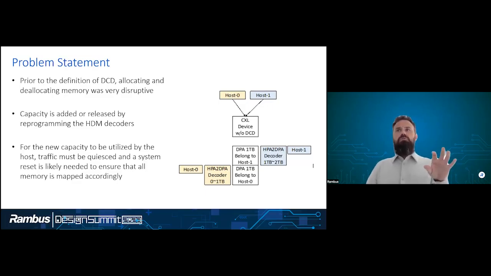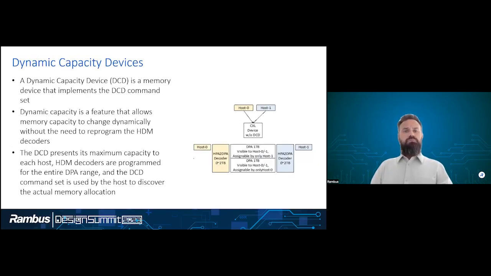What we'd like to do is address this problem, and how that is addressed is with the DCD framework, which I'll review now. In this framework, you can see the diagram on the right, there's a slight change. Here the HDM decoders are programmed with the maximum capacity that the device could potentially expose.